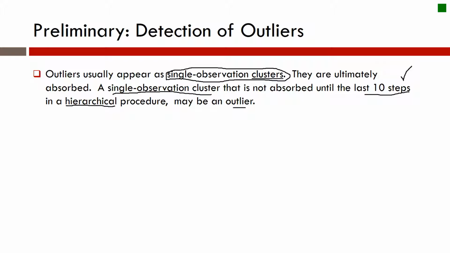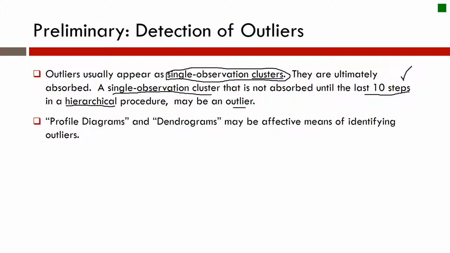And so if we have an individual who doesn't group within 10 iterations, then they are well outside the norm typically of what we would think as normal. So we have graphical demonstrations of this as well. The iteration table will help us with this first point, but then there are also other techniques and graphs like a profile diagram or a dendrogram, which we can look at as well.